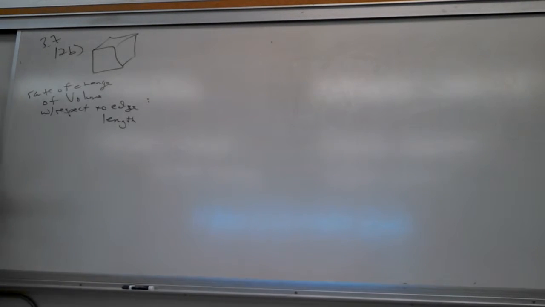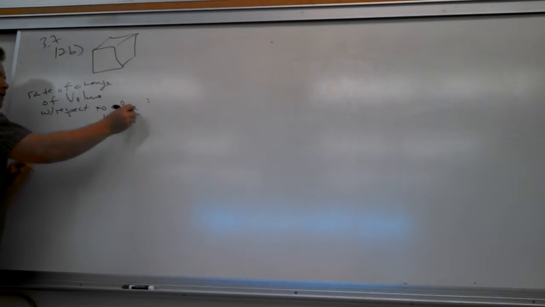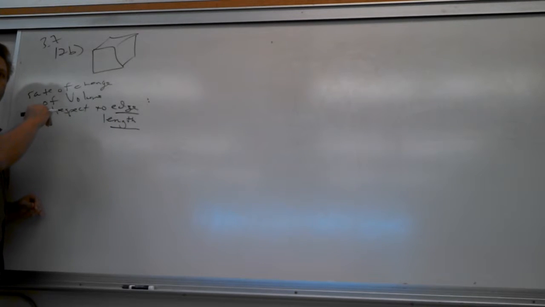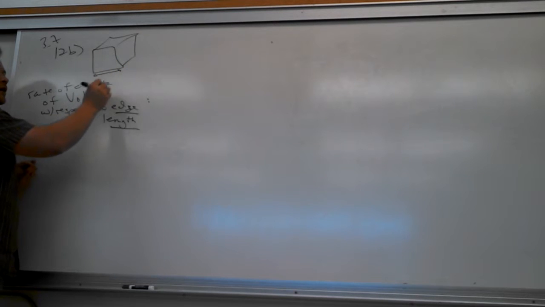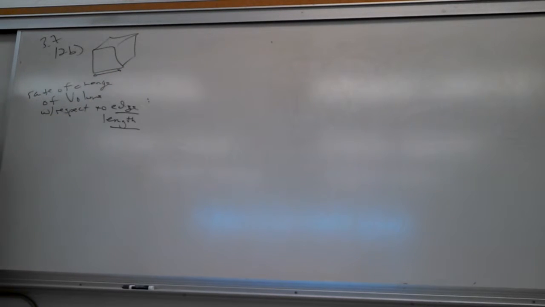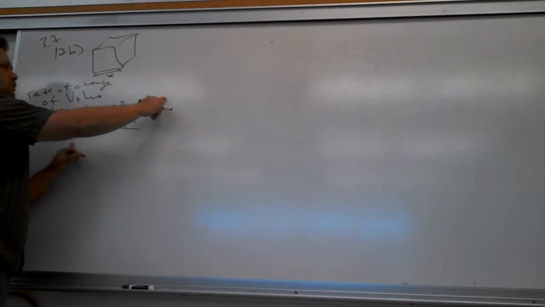What do I have to define? I know volume is V. Edge length, what are you going to call this? It's an edge length, right? Of course, it's a cube, so it's all the same, so what do you want to call it? Okay. So what in symbols is this asking?